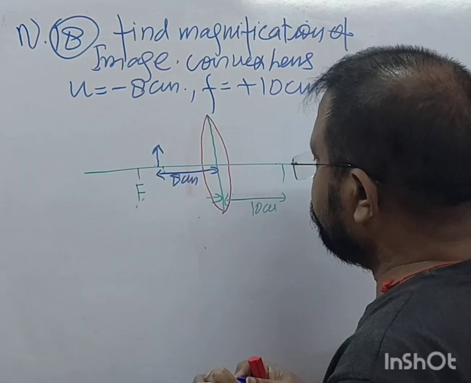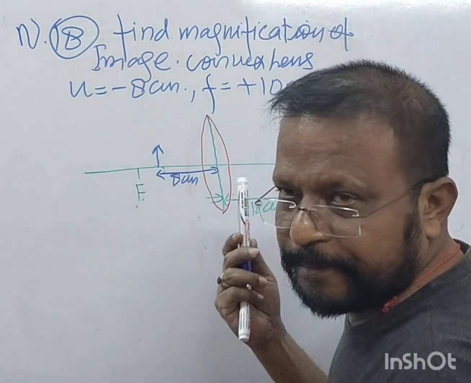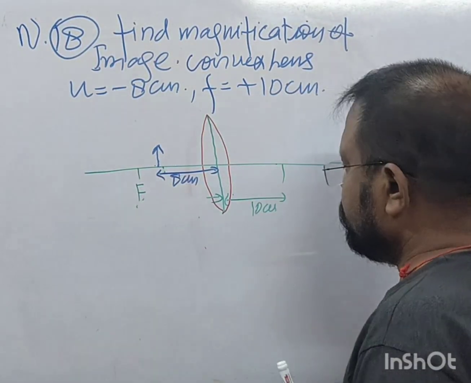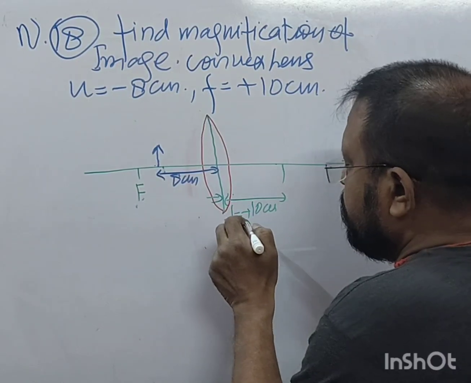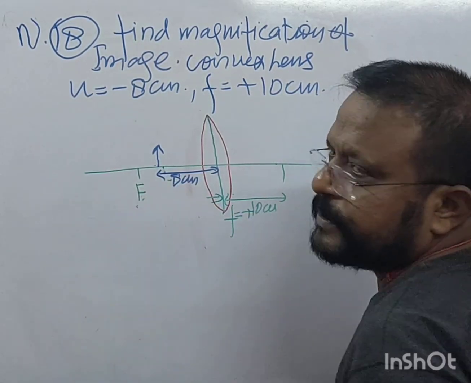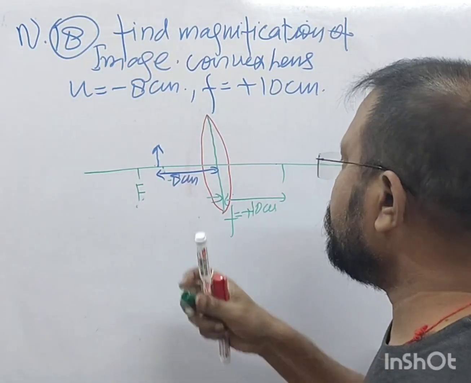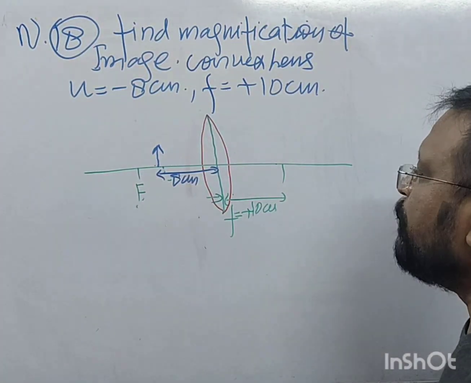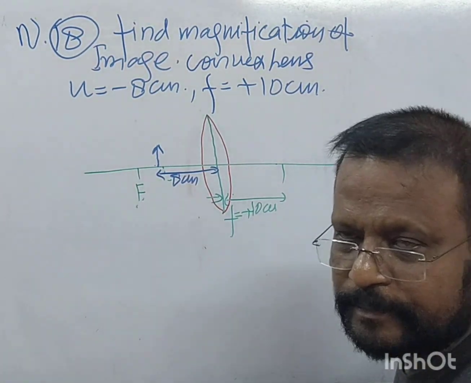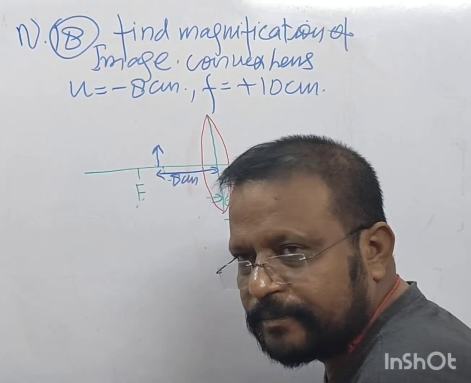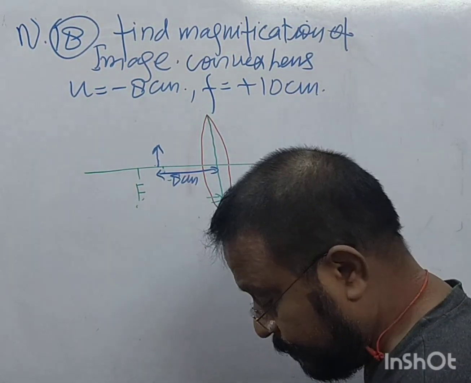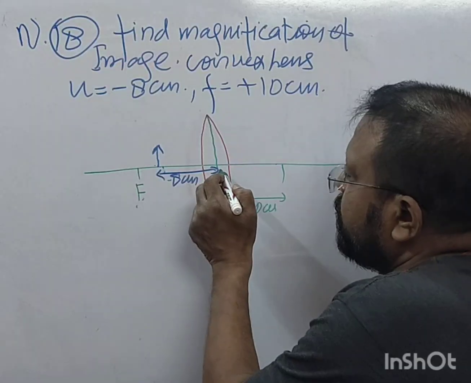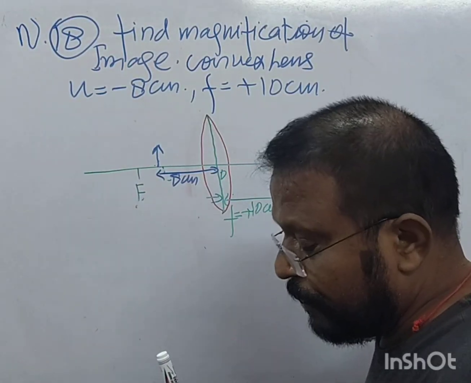Positive will be this side, so F is plus 10. This is minus 10. So the object is in between the focal length and the optical center. Then what happens?